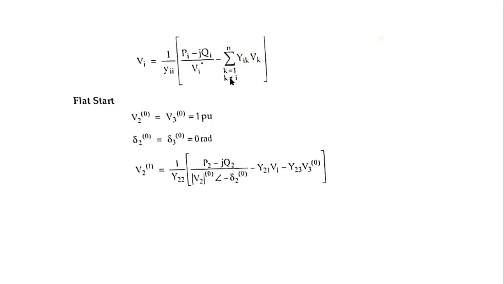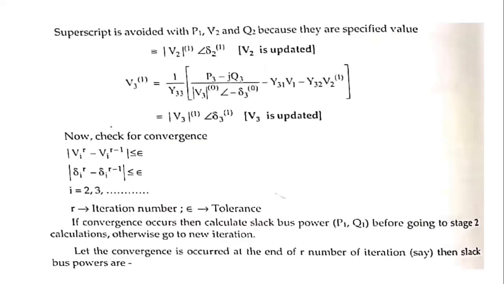In that, k is not equal to i, that means k is not equal to 3. Therefore that is equal to V3 of 1 at an angle of delta 3, which is updated. In the previous case V2 of 1, delta 2 of 1 was updated; in this case V3 is updated.